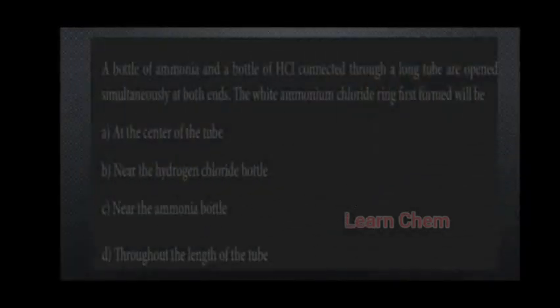Next, a bottle of ammonia and a bottle of HCl connected through a long tube are opened simultaneously at both ends. The white ammonium chloride ring first formed will be at the center of the tube, near the hydrogen chloride bottle, near the ammonia bottle, or throughout the length of the tube.